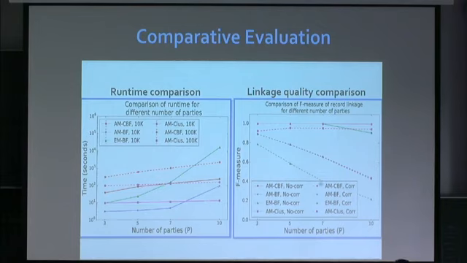And the exact matching approach proposed by Lai et al., which we denote as EMBF, performs well on the non-modified, non-corrupted data sets, but on the corrupted data set, all our approximate matching techniques outperform it. And since the Bloom filter and counting Bloom filter provide the same linkage quality results, we get overlapping lines for both Bloom filter and counting Bloom filter.